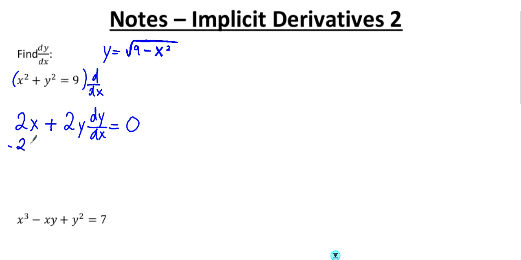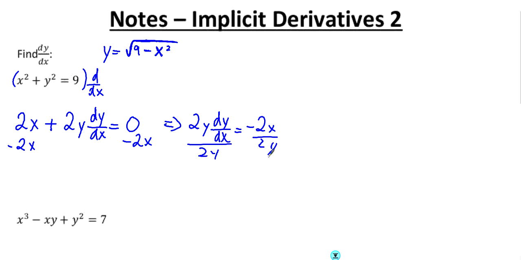So we subtract 2x from both sides, so we get 2y dy over dx equals negative 2x. Then we divide both sides by 2y, and we get dy over dx equals negative x over y.